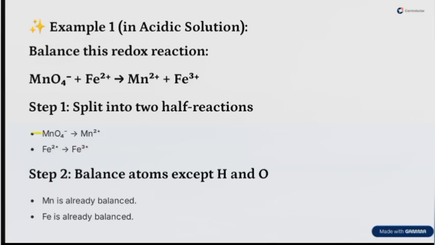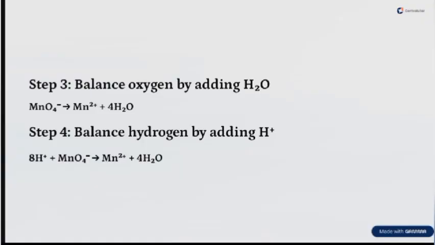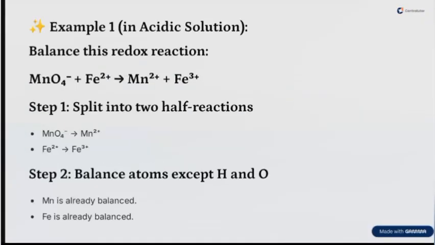Just one Mn on this side. How many Mn do we have here? Just one Mn, ignoring the charge that is up. The charge is not the number of atoms. The charge is the oxidation number. Now we're talking about just the number of atoms that are present. So we have Mn1 here, Mn1 here, Fe1 here, and Fe1 here.